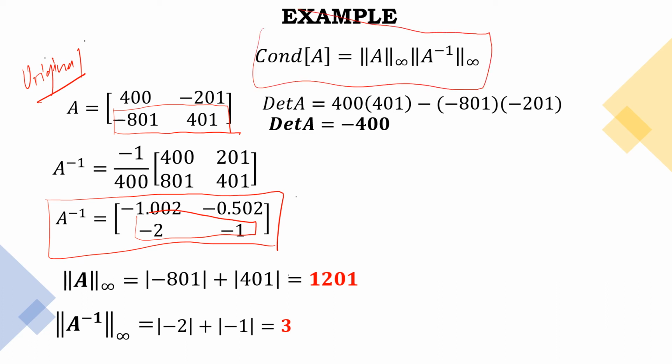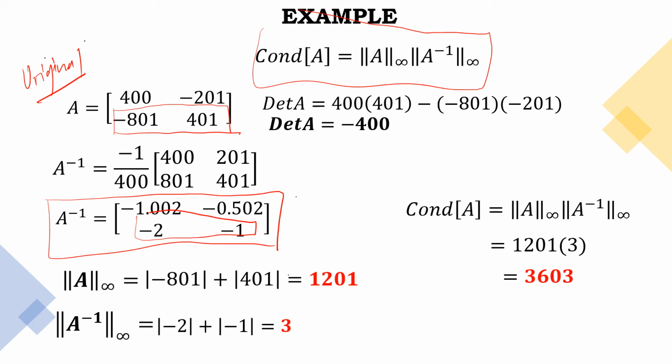Okay, let's solve for the condition number. Let's just substitute our values. Our norm of A infinity is 1201, and our norm of A inverse infinity is 3. The condition number is basically 3603.